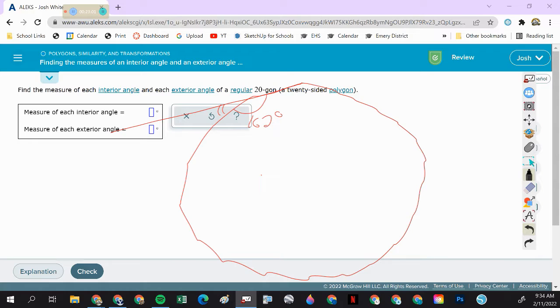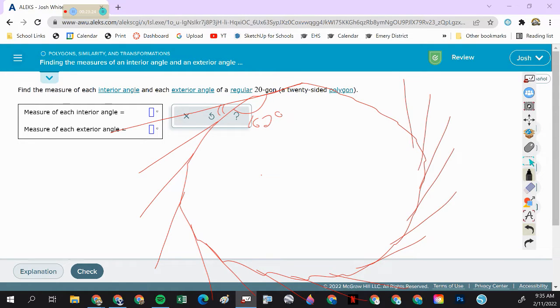Now, here's an interesting thing too. How many exterior angles does this shape have? It's going to have 20, right? If I went all the way around, if I were to count those up, I would end up with 20, right?